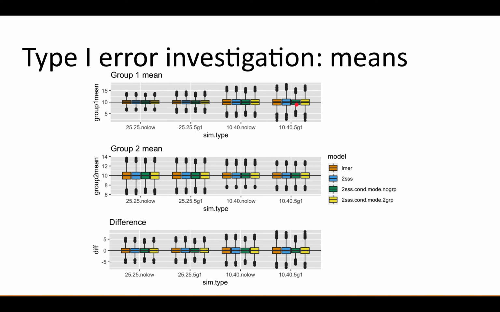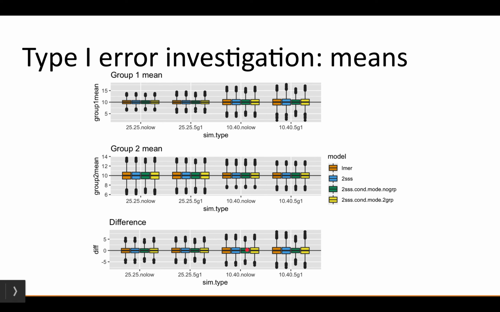And that's because our patients are being biased towards 0 because they have less data. I'm sorry, they're being biased toward 10 because they have less data. So their estimates are less variable over simulations. It doesn't happen for this group because everybody has, this is the group 2 mean and everybody has 30 observations.